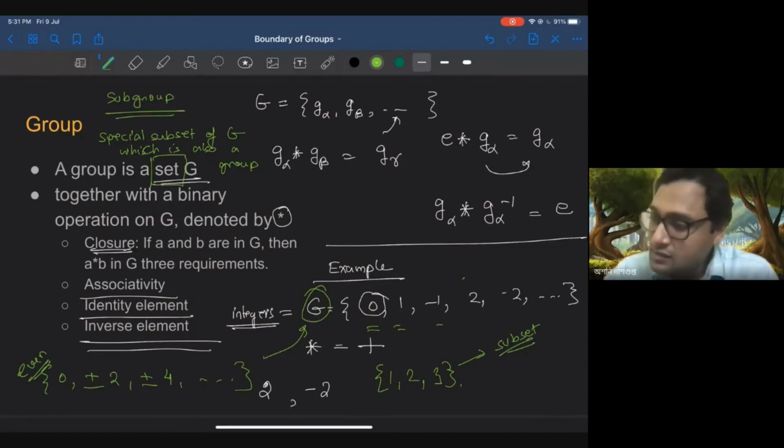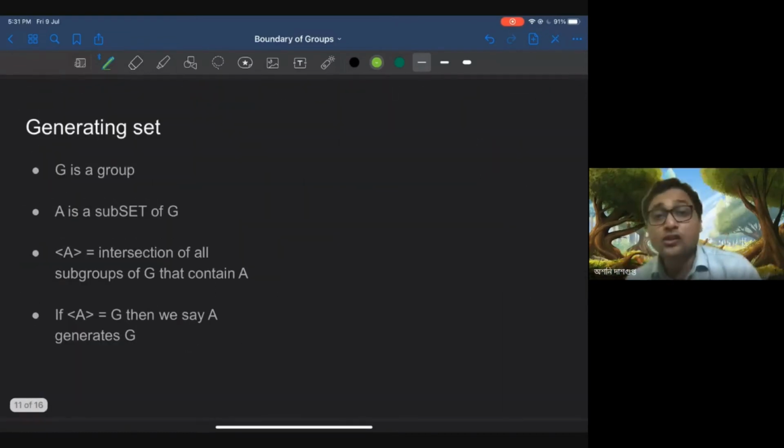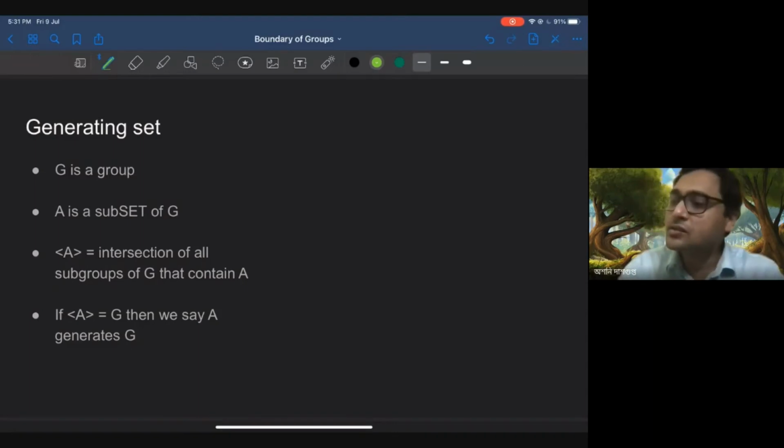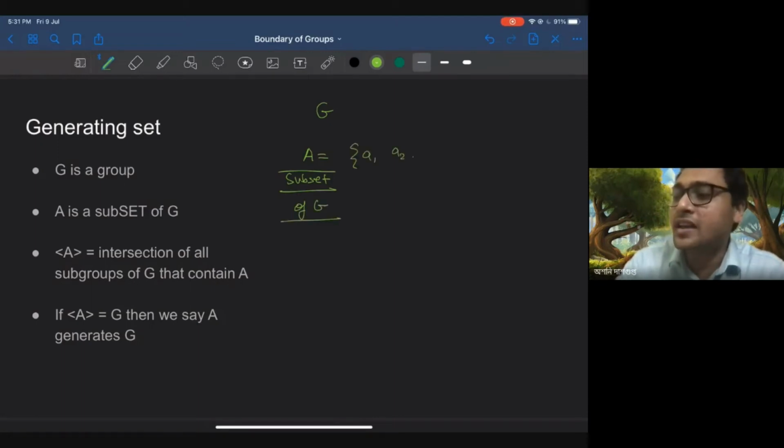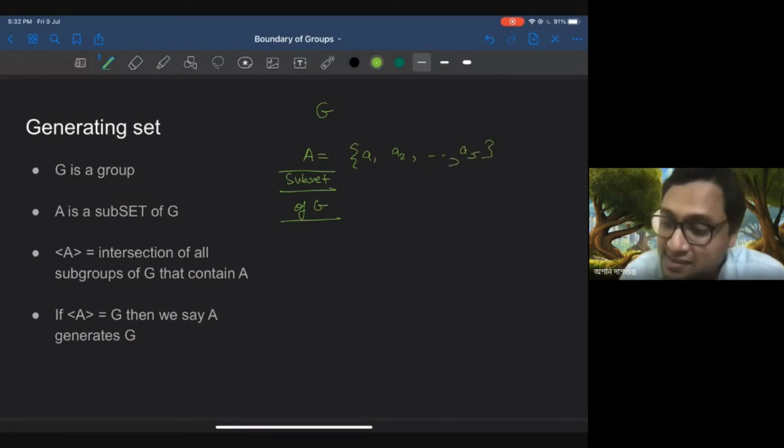Okay, now that we understand this, we also want to quickly talk about something called a generating set. It's very simple. This is the recipe. You start with a group G. Now you take any subset A of G, mind you, a subset, not necessarily a subgroup. Maybe it contains some elements A1, A2, up to A5, suppose there are 5 elements.